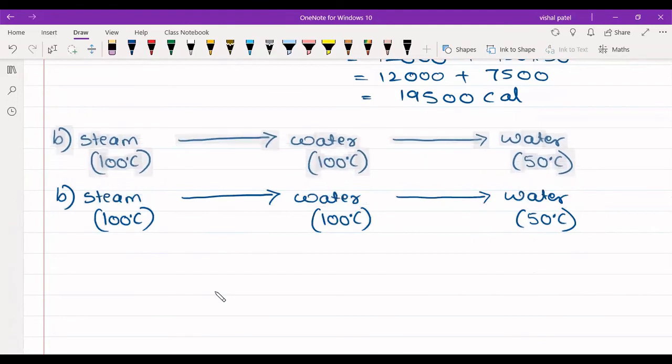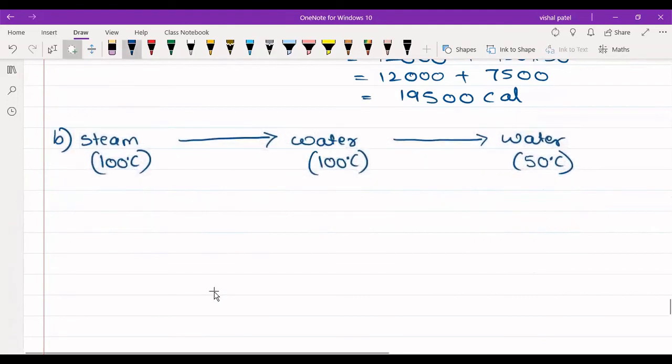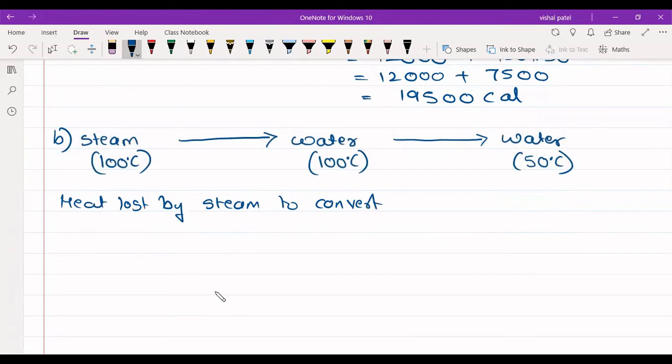Yes, that is also a 2-step process. So what I'm writing, heat lost by steam to convert to water at 50 degrees Celsius equals Q1 plus Q2.